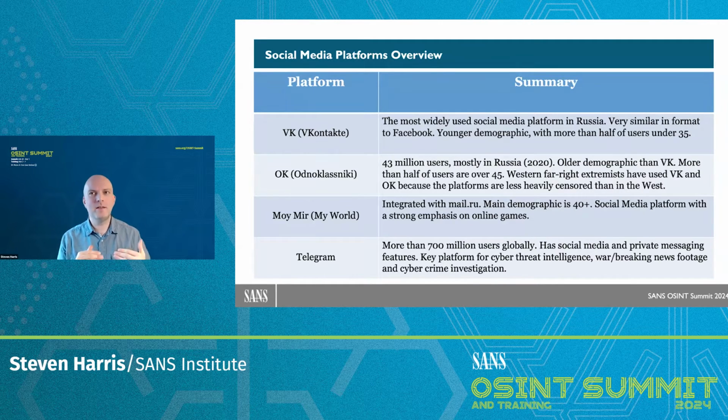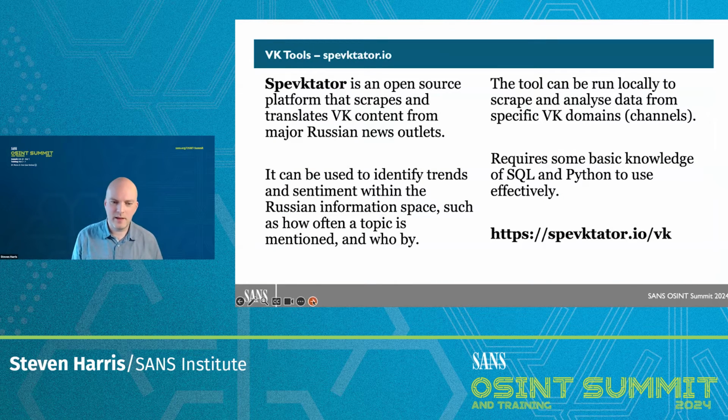And in Ukraine, from research I've seen, now more people get their news about current events from Telegram than they do from the traditional news media. So if you want insights into any aspect of what's happening politically, culturally, in terms of conflict, cybercrime, and so on in the Russian environment, Telegram, along with VK, but Telegram is absolutely essential to being able to navigate that space.